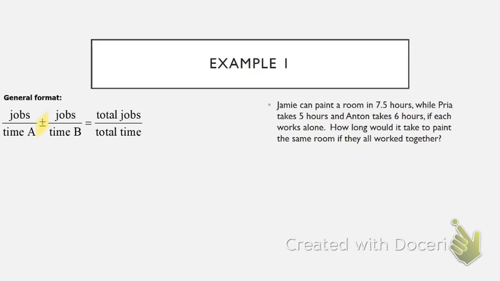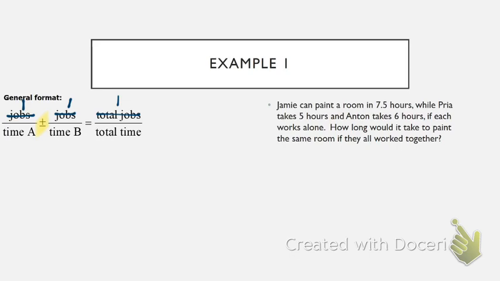The way this works is, since it's rate, you have your jobs, which is always going to be 1. If you want to write in your notes, change that to a 1, you can. I'm not going to ask you if Jamie paints 6 rooms in 4 hours and Priya paints 4 rooms in 3 hours. We're not going to get that complicated. So jobs is always going to be 1.